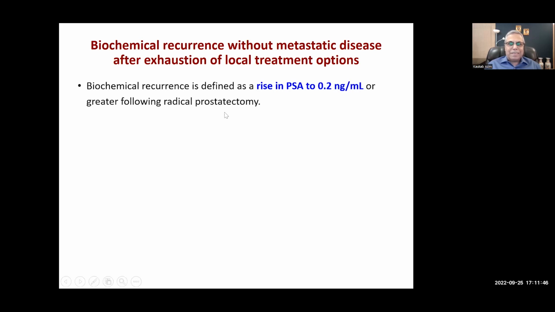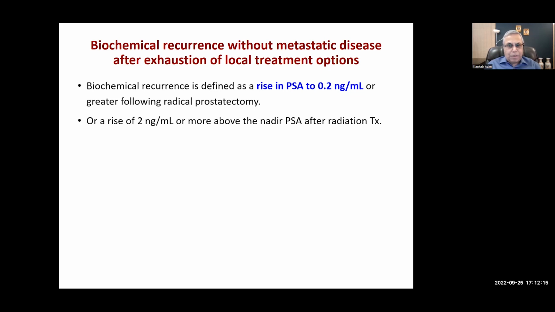Biochemical recurrence is defined as a rise in PSA above 0.2 nanogram after reaching a level below 0.2 nanogram or greater following radical prostatectomy. Or the second scenario could be a rise of 2 nanogram per ml above the nadir, whichever lowest level you reached.